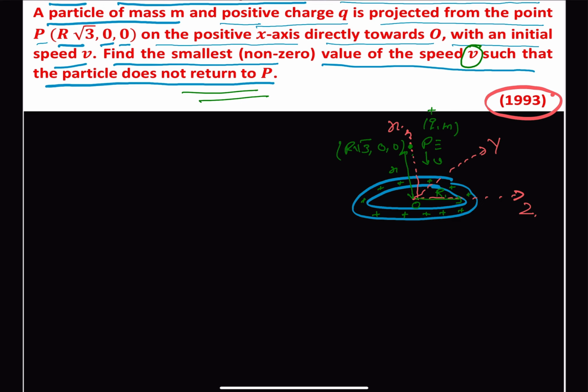Based on this, we are going to find the change in potential energy, that is, the potential at O, the origin, and the potential at P. That difference is going to give us the change in potential energy.